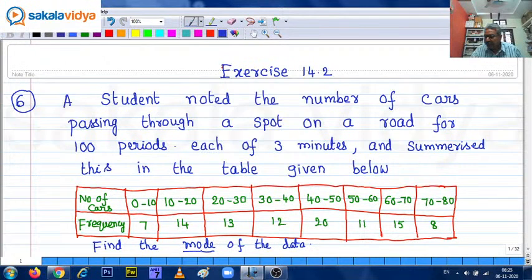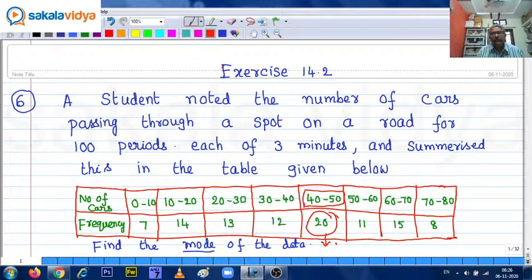In order to find it, first we need to find the maximum frequency among the frequencies: 7, 14, 13, 12, 20, 11, 15, 8. Obviously 20 is the maximum frequency, so 40 to 50 is the modal class.